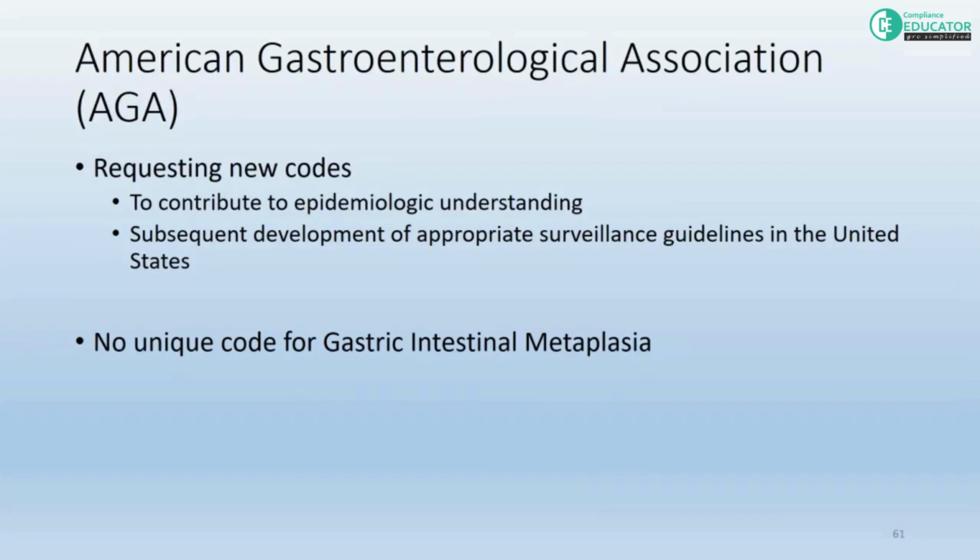So we're in this section. We have new codes being requested in order to help them understand, and they're looking for identification of this gastric intestinal metaplasia. If you've ever heard of Barrett's esophagus, it has apparently similar precursor lesions for esophageal cancer.